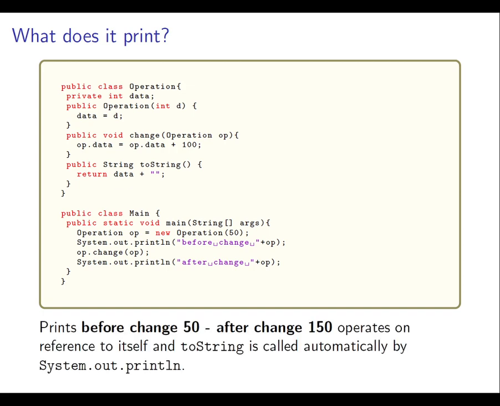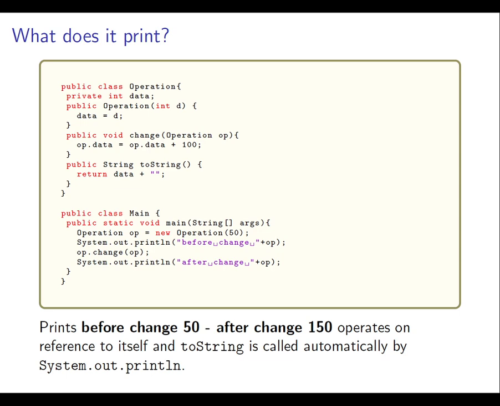So now we're creating a new operation with argument 50 and we are printing out its data as before, so that works fine. Then what are we doing? We're sending the change message to our operation with itself as an argument. Which is slightly weird, but there we go, that's what we do.